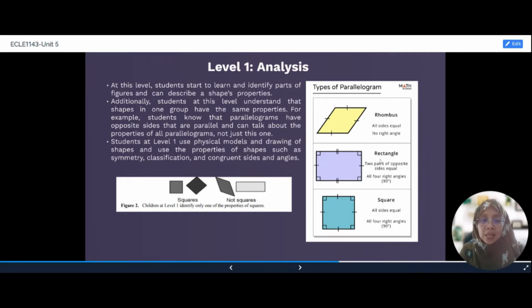For a rectangle, two pairs of opposite sides are equal and all four angles are right angles. For a rhombus, all sides are equal and there is no right angle. So they already know certain properties of the shapes. This is usually as far as preschoolers go.